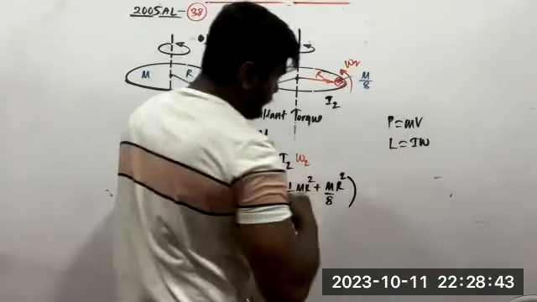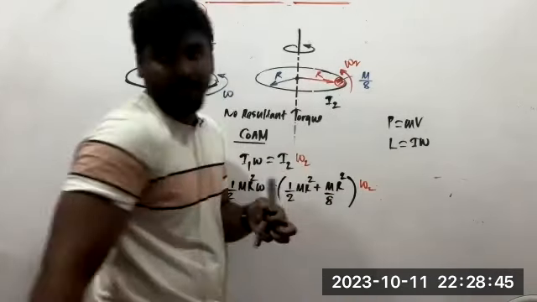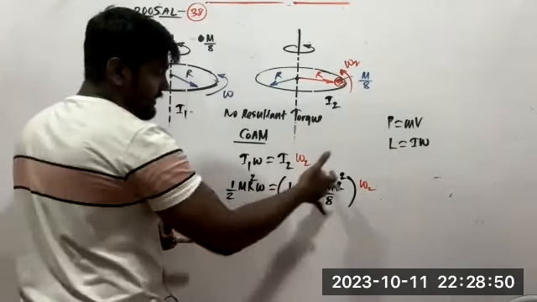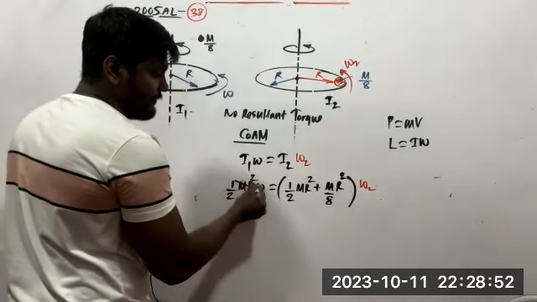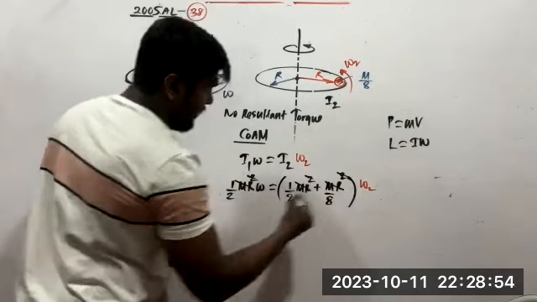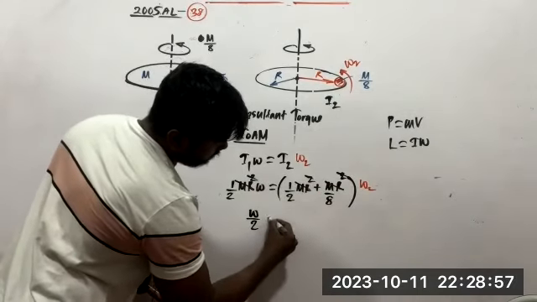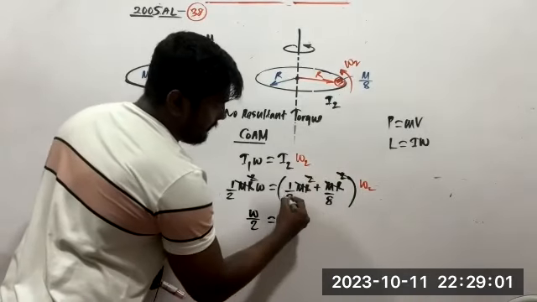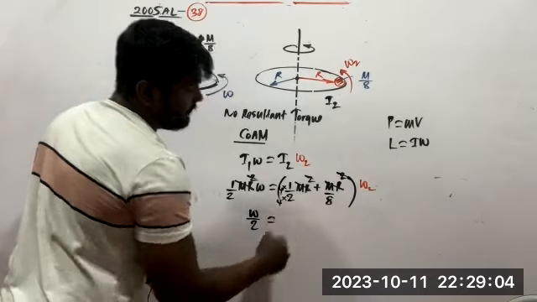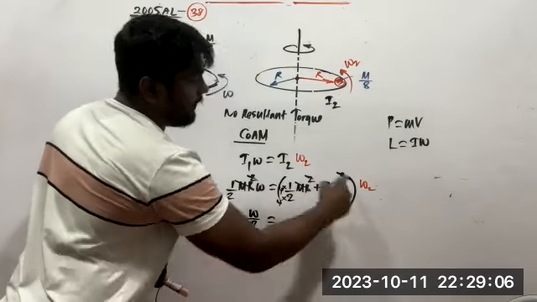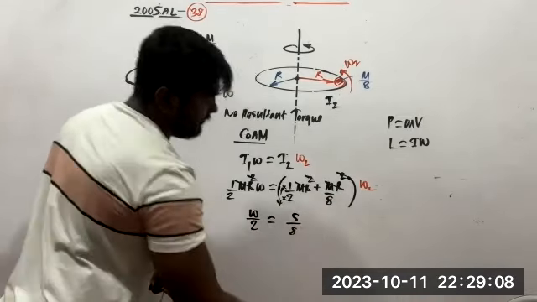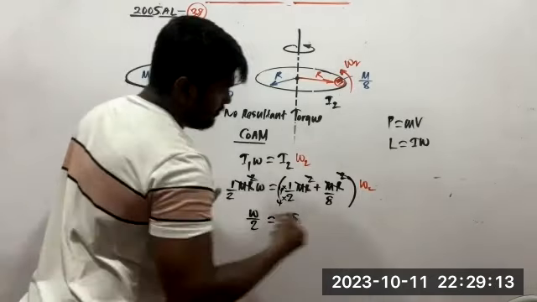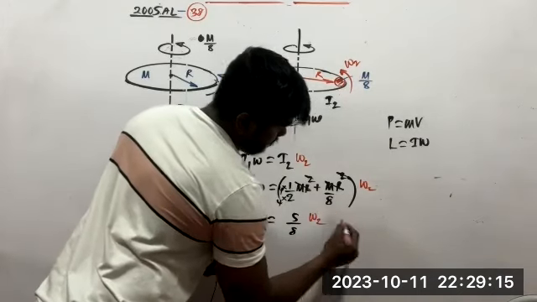Omega 2. Then you can simplify. I can cancel all the M R squared terms. Then I get omega equals half plus 1 over 8 times omega 2. Half is 4 over 8, so 4 plus 1 gives 5 over 8 omega 2.